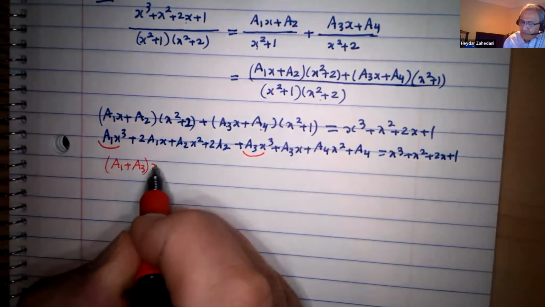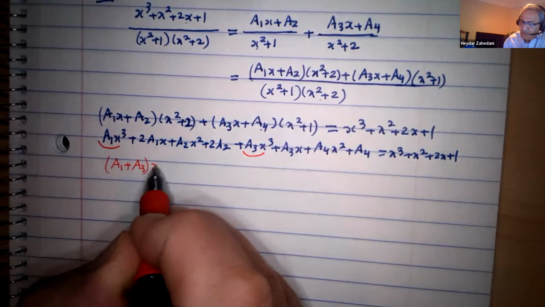Then the x's: factor out the x, that will be 2A1 plus A3 times x. Then the leftover will be the constant: we have 2A2 and A4. And this is equal to x cubed plus x squared plus 2x plus 1.